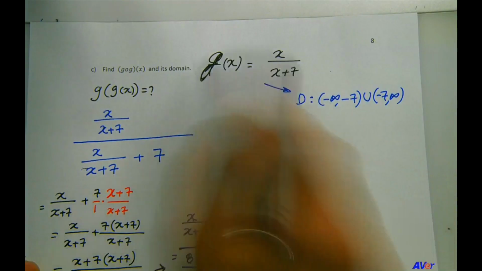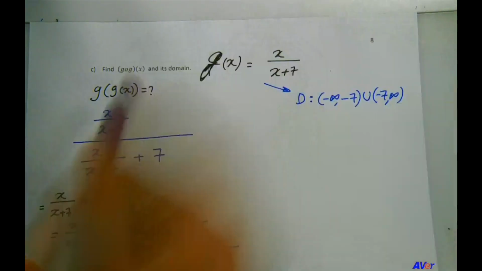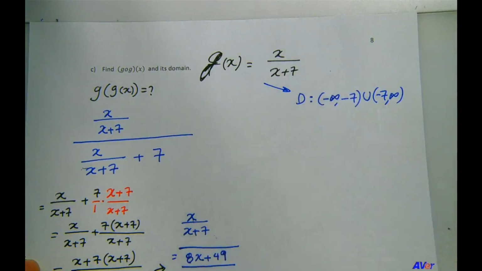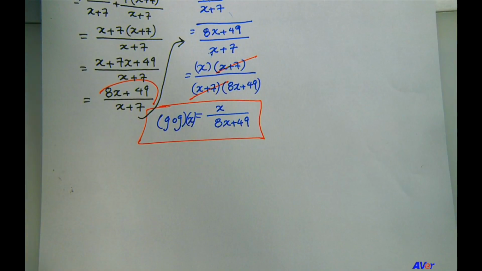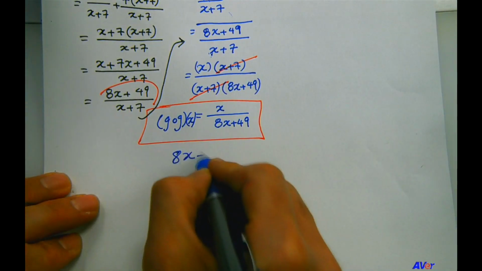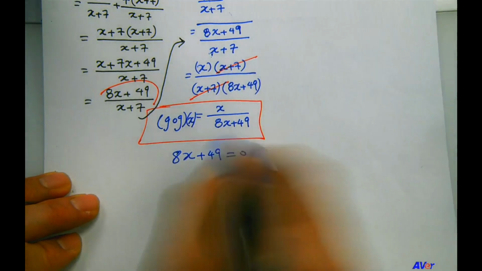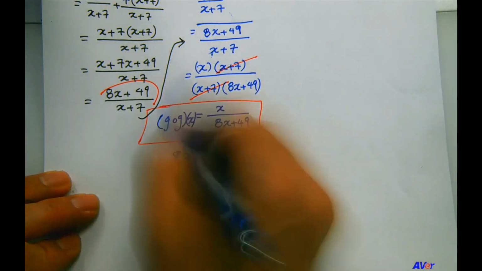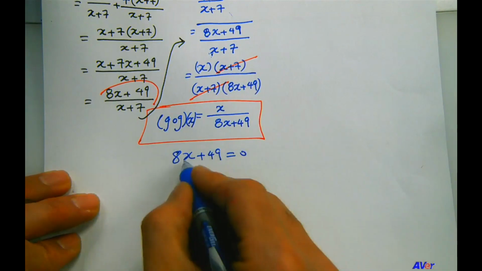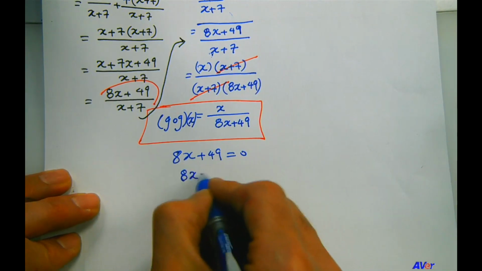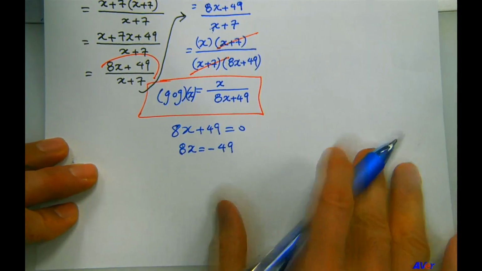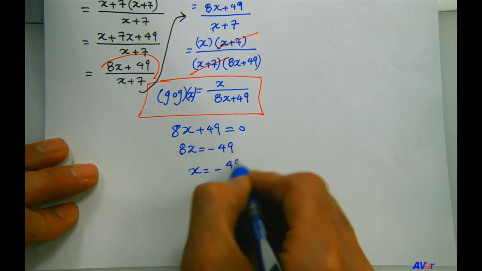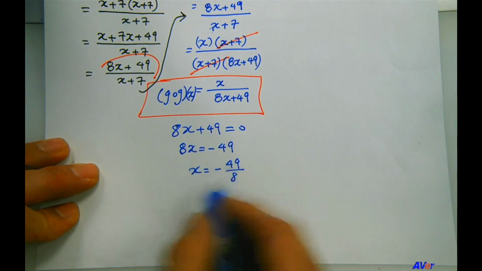Now we already know the domain of function G, which went inside G, right? Let's keep that in mind. Now let's find the domain of the final result. We know that 8x plus 49, when that is equal to 0, we have trouble, right? The whole function is undefined. We cannot have that. So let's find the value of x in a situation like that. And we can't simplify this anymore.